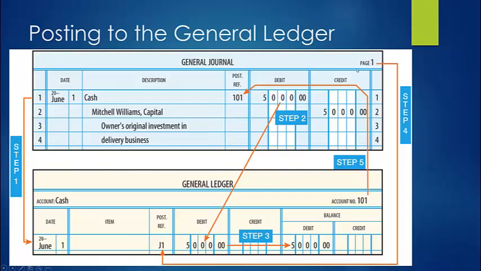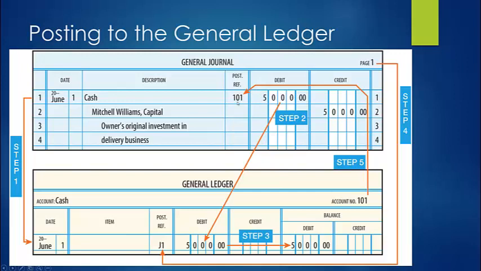Now, if you look, this general journal has a page number, page 1. And so we're going to enter a J1 for journal page 1 to tell where this transaction came from. So if 6 months from now I want to know more about this transaction, I can go to journal page 1 and find the transaction, look at the explanation, and I'll know what the $5,000 was for.